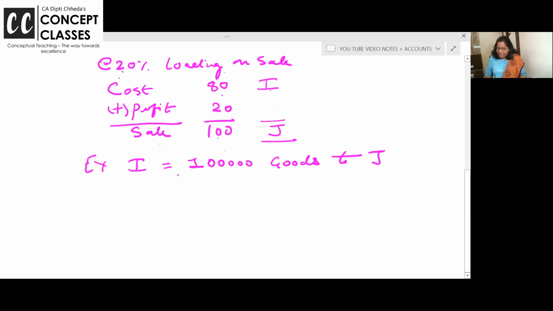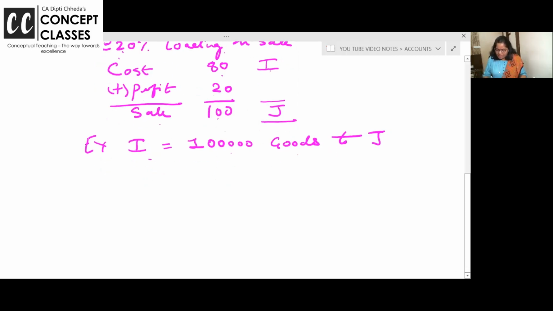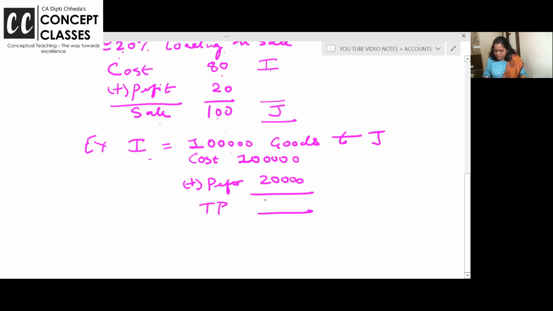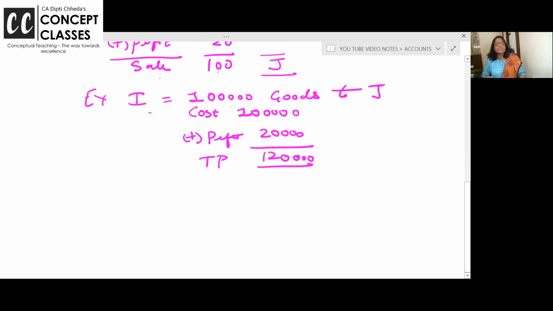So I is sending 1 lakh rupees goods to J. At loading of 20%, this is the cost, 1 lakh, and you are sending with a profit or loading of 20%, 20,000. And the transfer price or invoice price is 1,20,000.